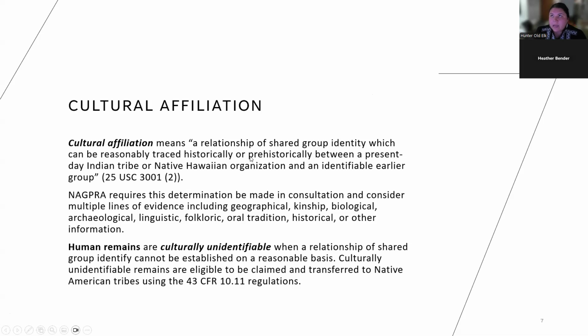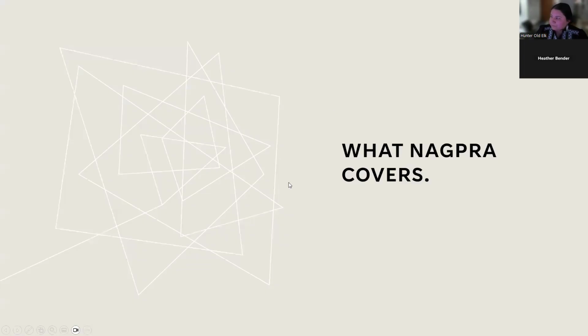If that information has been passed down, you know what tribe that community is, then there's this distinction. But if they're culturally unidentifiable, there is a way under NAGPRA that a tribe can assume responsibility for the culturally unidentified remains, and then they can be transferred. So that's an important piece.